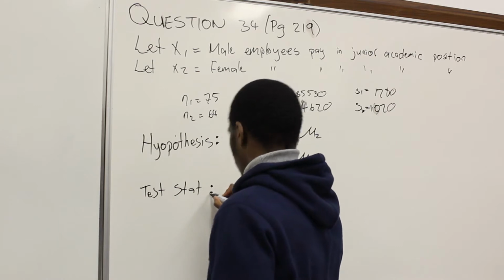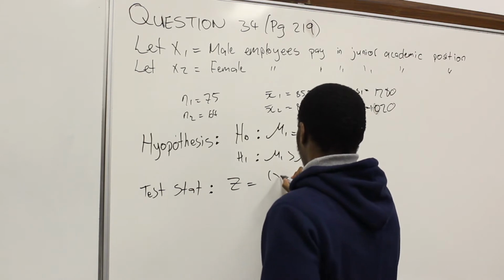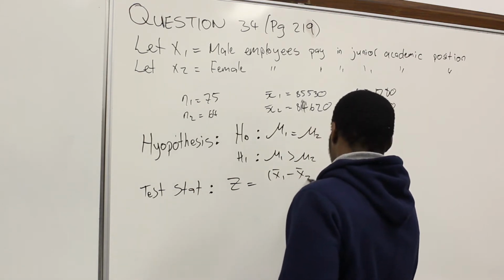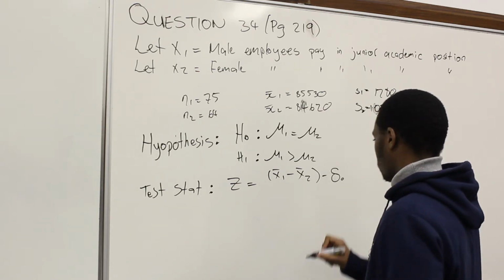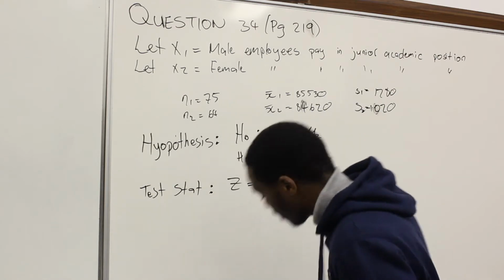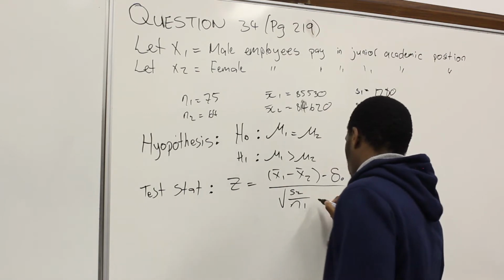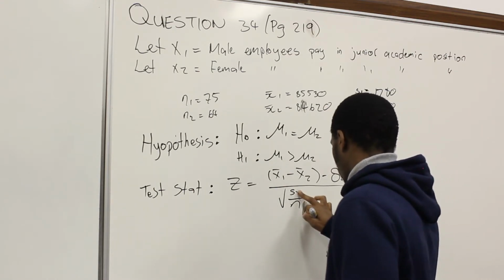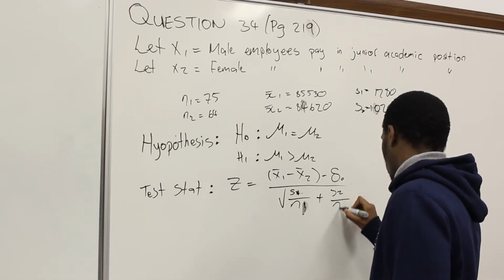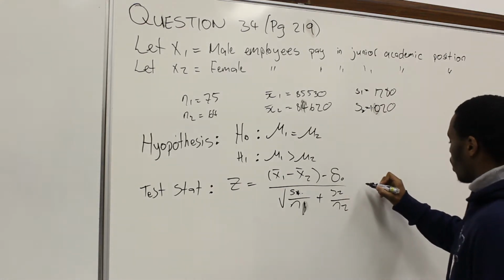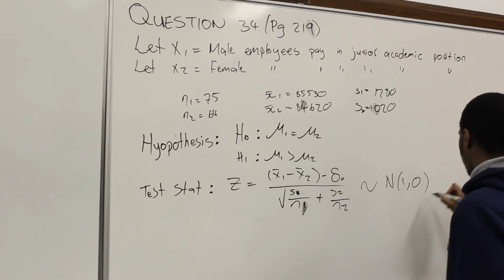This is the Z formula that I was talking about, minus delta, apparently, and the variances over n1 and n2.